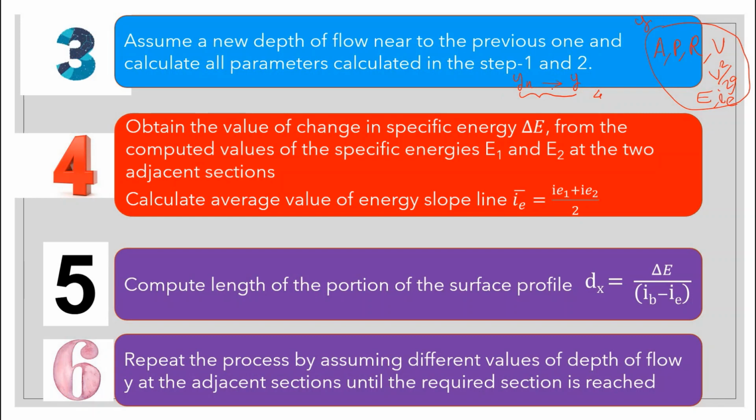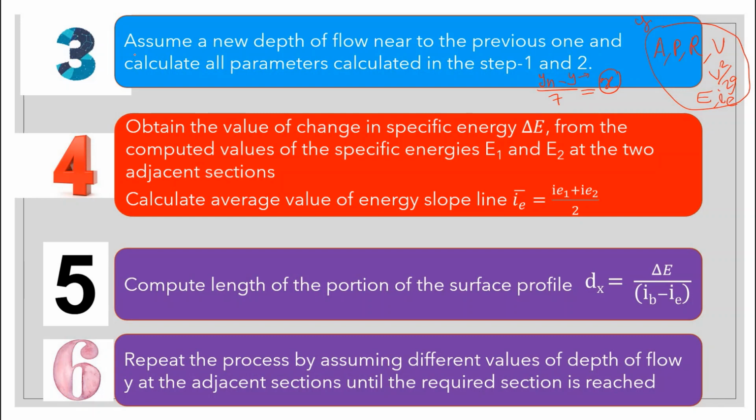So we will divide the total depth, knowing the normal depth and the depth given. Say I am dividing the total depth into 7 sections. Then yn minus y divided by 7 will give you some answer, say x. This is the value that you should add to your y to find the next depth.